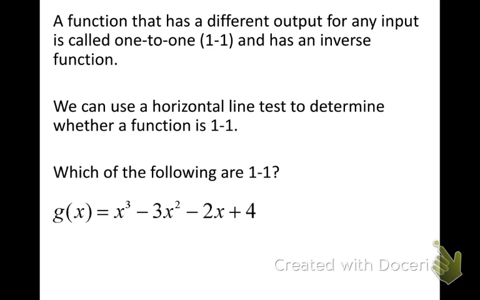We can use what's called the horizontal line test to determine whether a function's one-to-one. Sound familiar? We've got a vertical line test. Now we also have a horizontal line test.